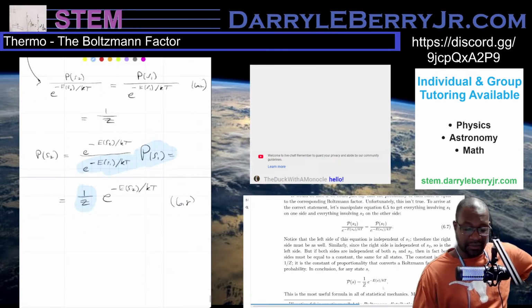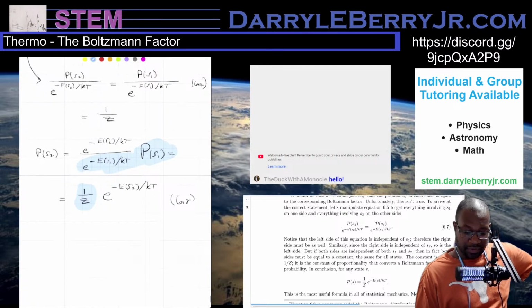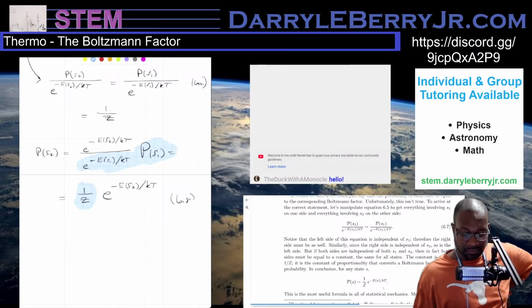You want the probability of S2: 1 over Z times the Boltzmann factor for S2. And 1 over Z is the Boltzmann factor of S2 divided by S1 when it relates to state 2. So whatever one you want, that one is in the numerator, and the other one is in the Z factor.